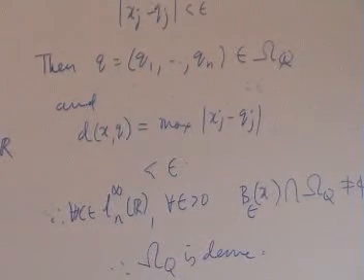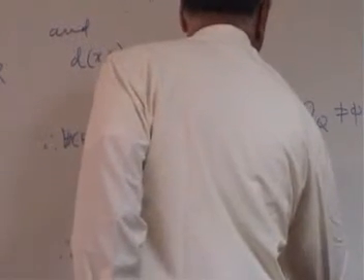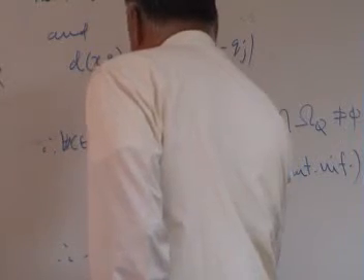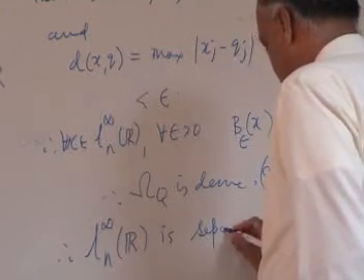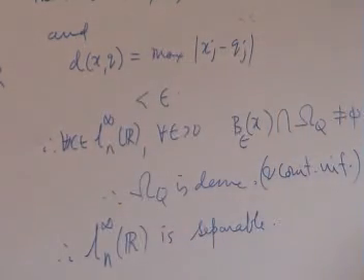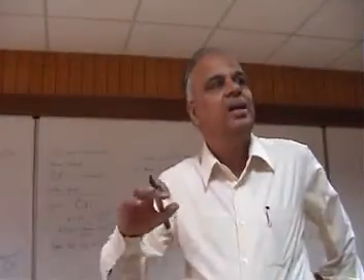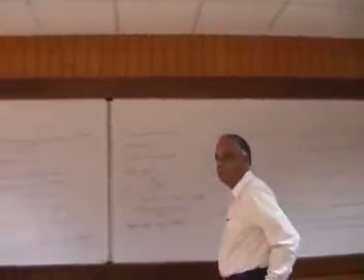It is again, as before, countably infinite, and therefore L infinity n r is separable. So you take the finite dimensional space with any one of the standard metrics, it is separable, and one standard countably infinite dense subset is always q power n. You take all rational coordinates and collect all those vectors. That will always work out as a countably infinite dense subset.